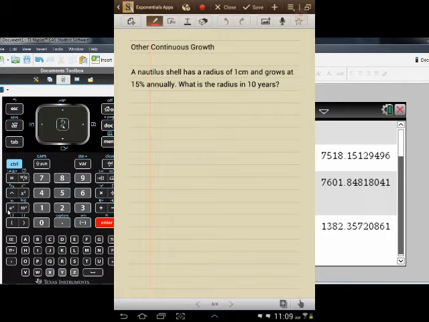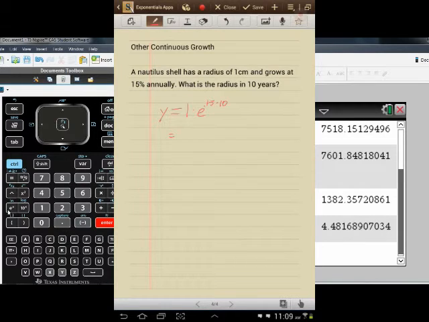So the size of the shell is y equals the initial value, which is 1, times e to the 0.15 times 10 years power. And at the end of those 10 years, our little beastie's shell will have a radius of 4.48.